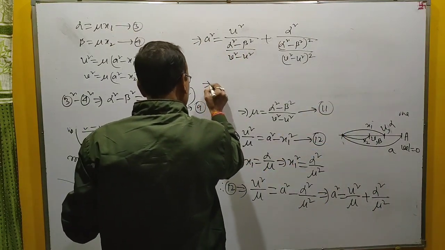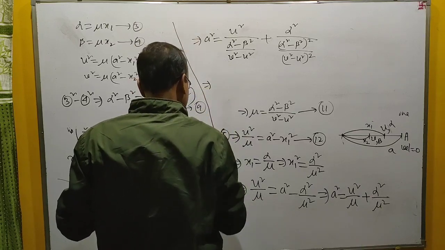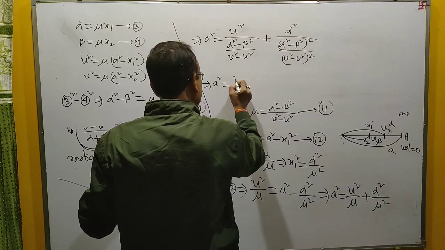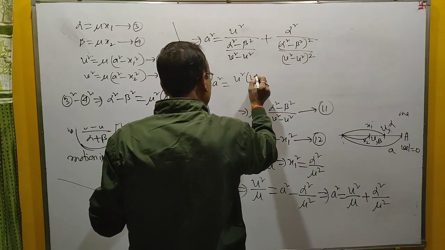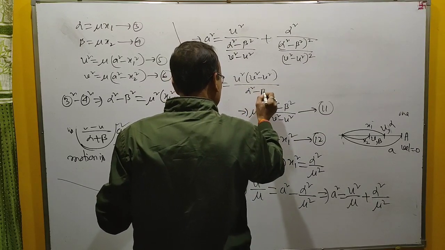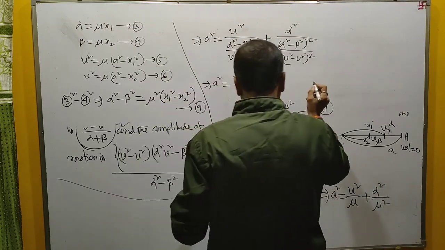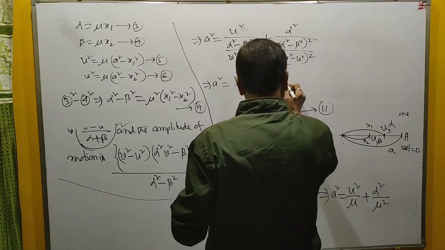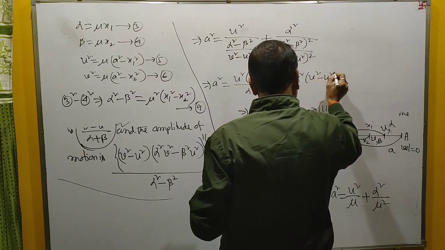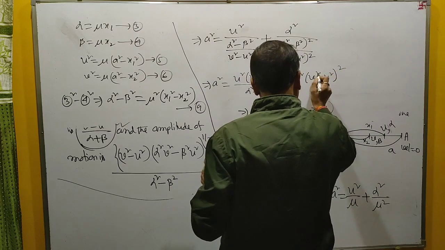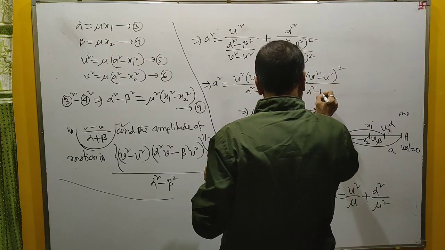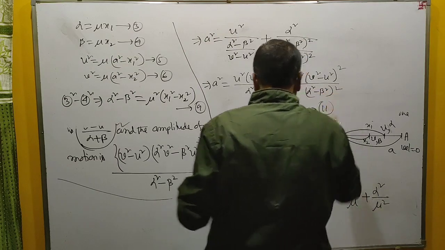This means a square equal to u square into v square minus u square divided by alpha square minus beta square, plus alpha square into v square minus u square whole square divided by alpha square minus beta square whole square.